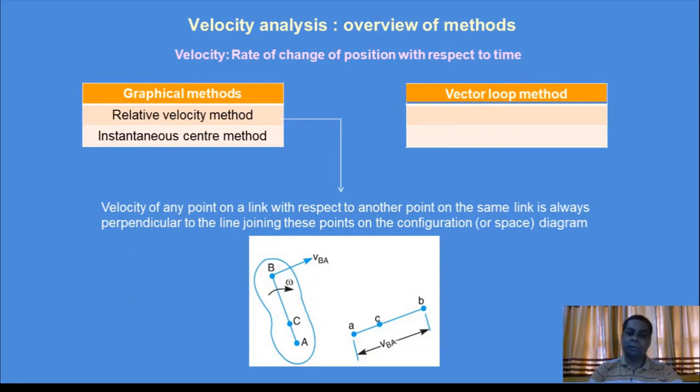What I mean to say is that the physical distance ratio AC to AB should be similar to the velocity ratio AC to AB on the vector diagram.